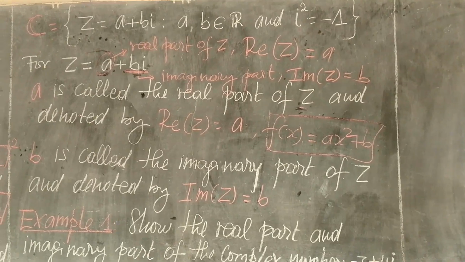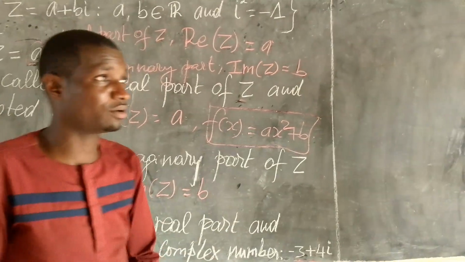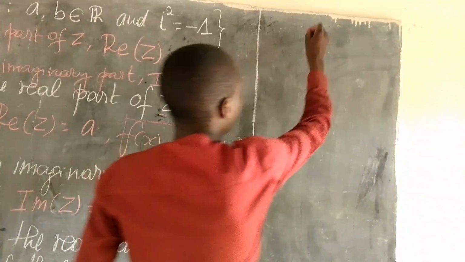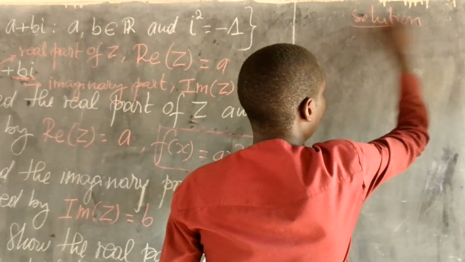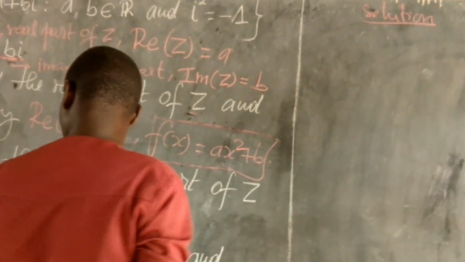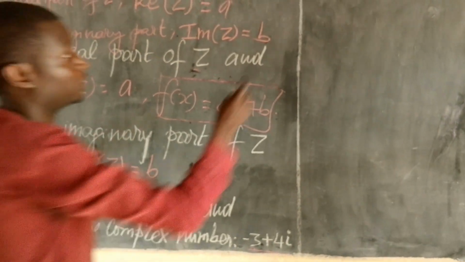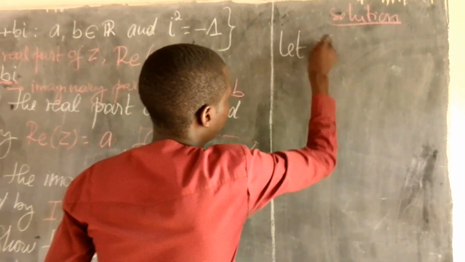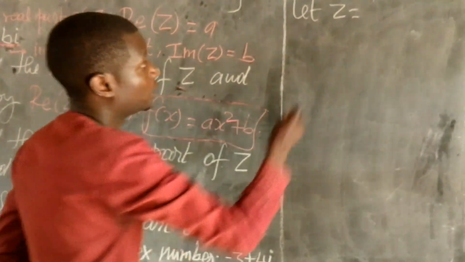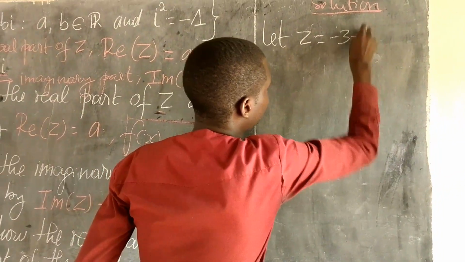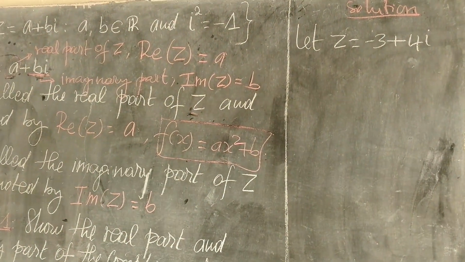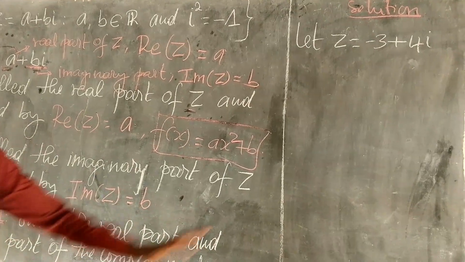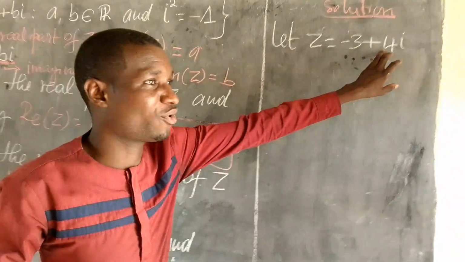To find the solution, we start by writing z equals negative 3 plus 4i. Are you together? Good.